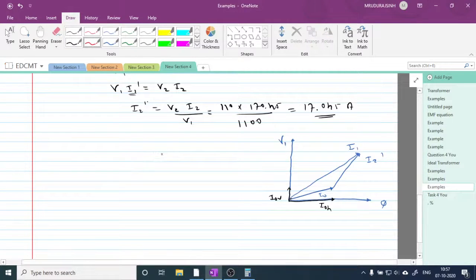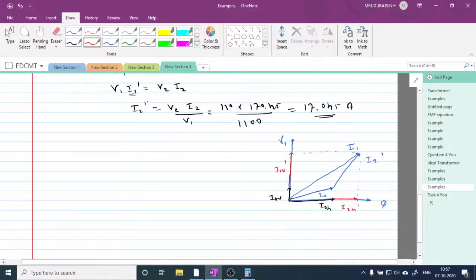Now let me draw the horizontal and vertical components of I2 dash with red lines. It comes up to here and it comes up to here. So the horizontal component is I2H dash and the vertical component is I2V dash.